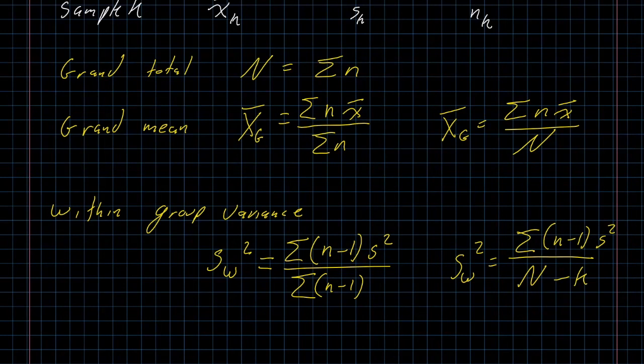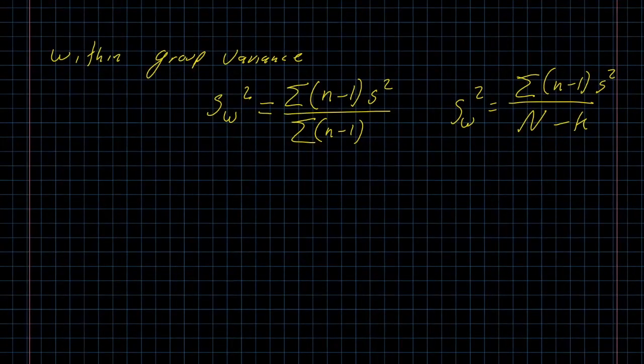So since we already know big N, since we already know k, using those might make this calculation a little bit faster, and it will help show off where some of the other things are coming from a little bit later.